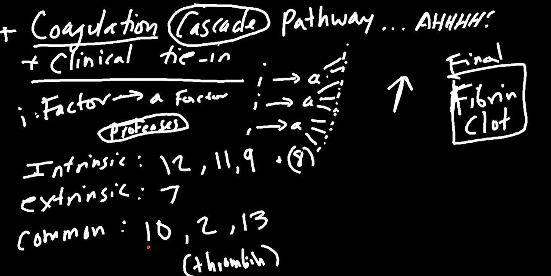Factor 10 here is our first factor of the common pathway. So we'll have extrinsic, we'll have intrinsic, they'll both meet, they'll start at 10, and then from there we'll go from 10 to 2 to 13, and so on. However, 9 is going to be the last step before we activate that factor 10.